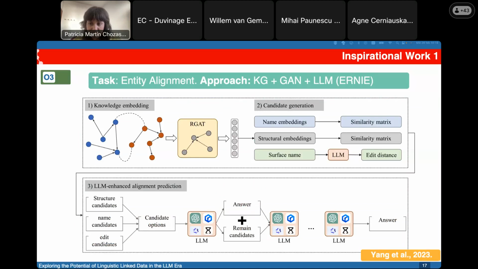I wanted to show this work because here authors pay special attention to relations amongst entities. As shown in the diagram, by creating graph embeddings, more candidate entities are added to the LLM for the subsequent entity alignment task. In the evaluation, authors state that this approach worked better than other entity alignment approaches.